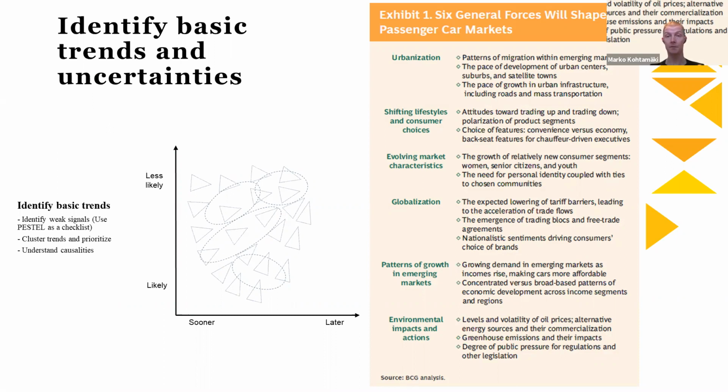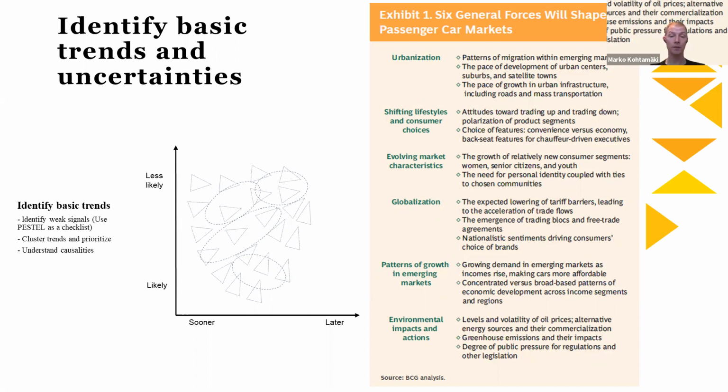Here we have, for instance, passenger car markets, where in this example, authors have identified certain significant trends such as urbanization, shifting lifestyles, evolving market characteristics and globalization, patterns of growth in emerging markets, environmental impacts and actions.